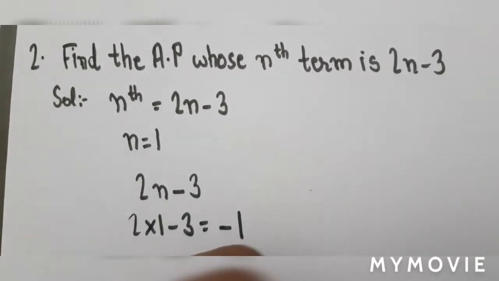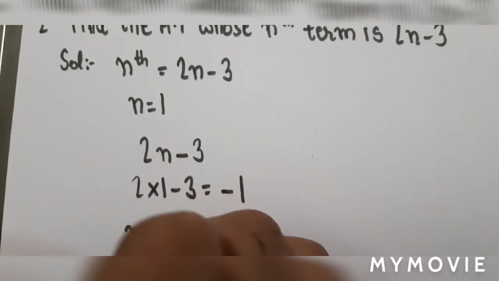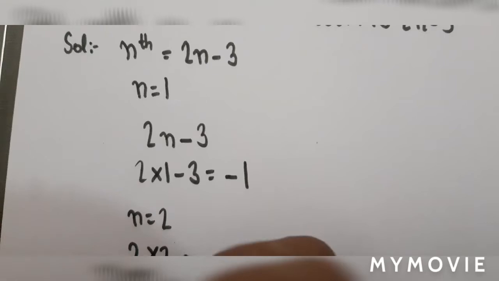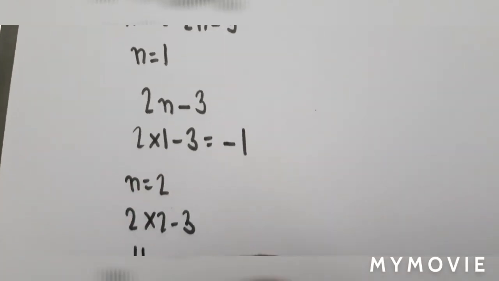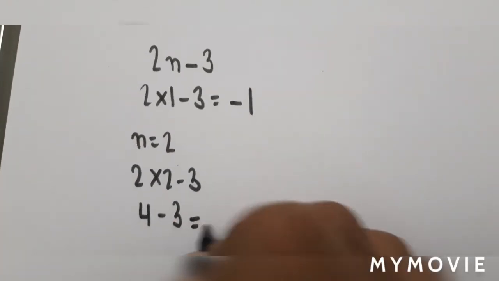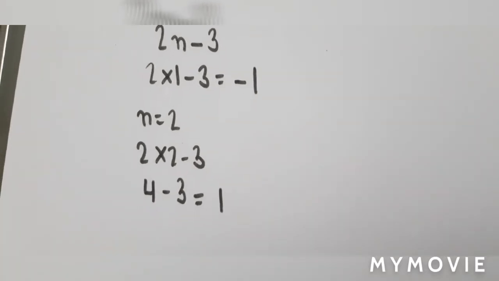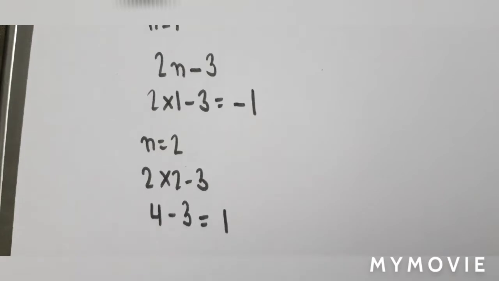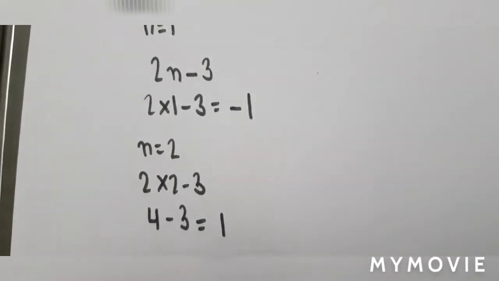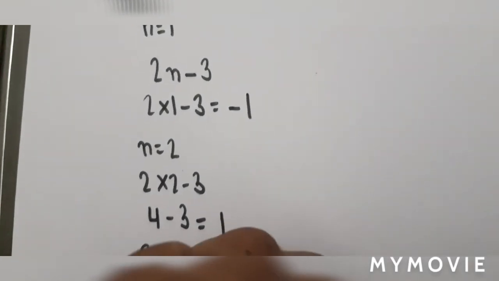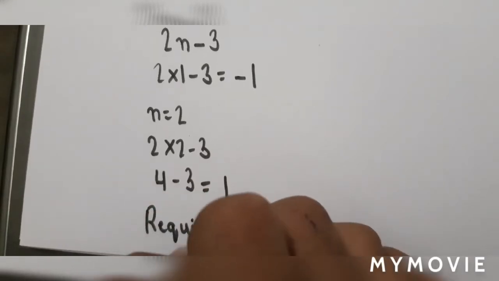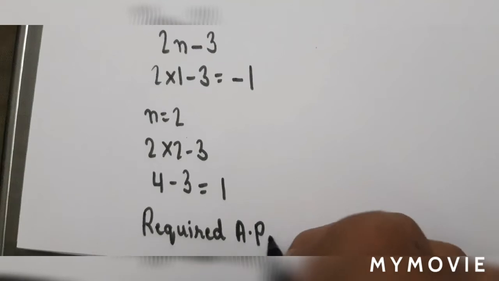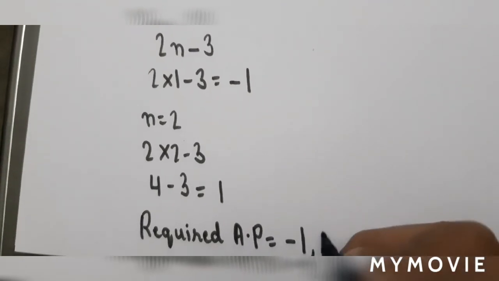And for finding the second term, we should take n as 2: 2 into 2 minus 3 becomes 1. So this is our second term. So we can find any number of terms by using this, and we can write the required AP is equal to minus 1, 1.